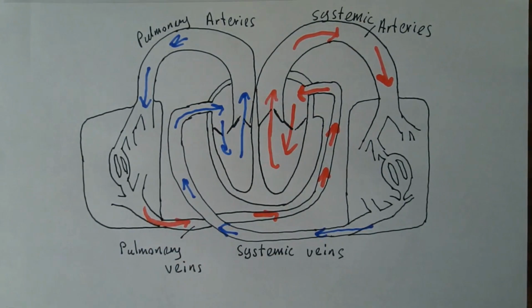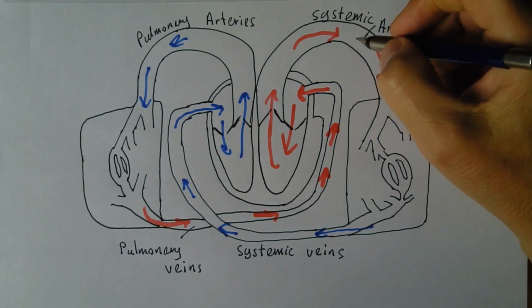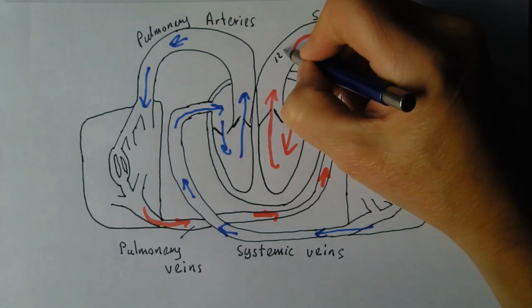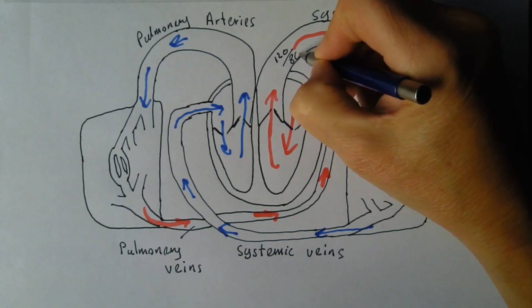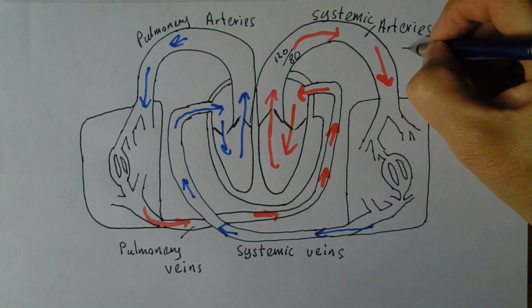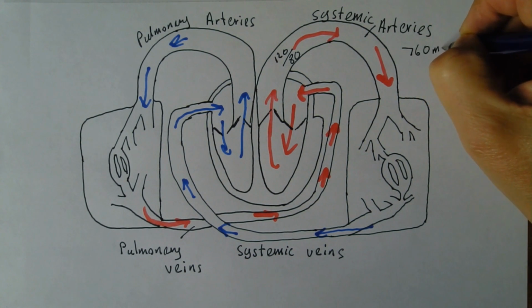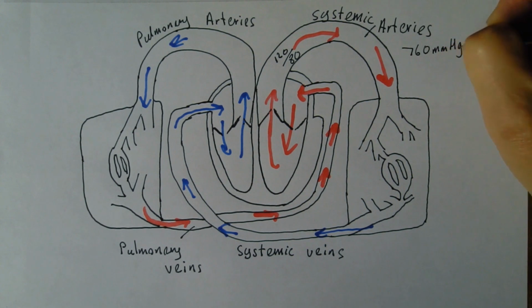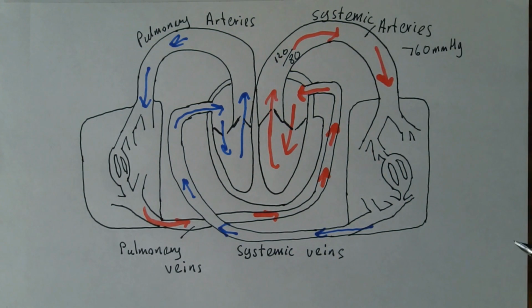So what we need to think about is the pressures now in these vessels. Now, the pressure in the systemic arteries is maybe 120/80. But of course, this is above atmospheric pressure. So we always have to remember 760 millimeters of mercury is the atmospheric pressure.